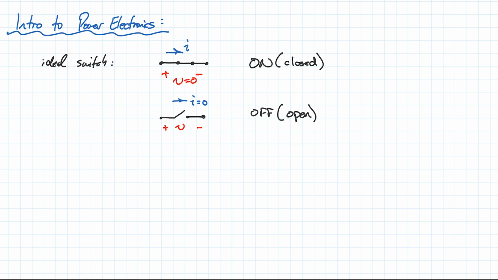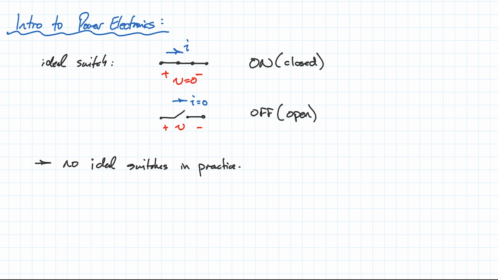So in reality, we don't have ideal switches. What does that mean? That means you can never have a switch that when you turn it on, its voltage drop is 0, and when you turn it off, the current through it is 0.